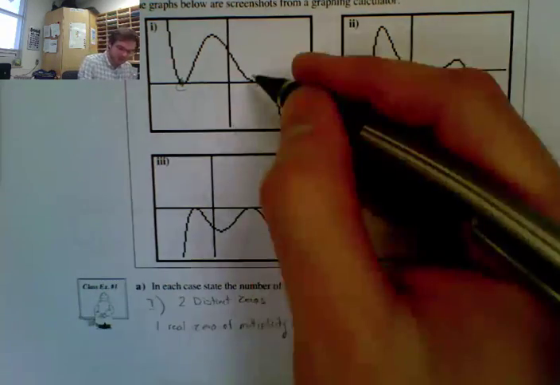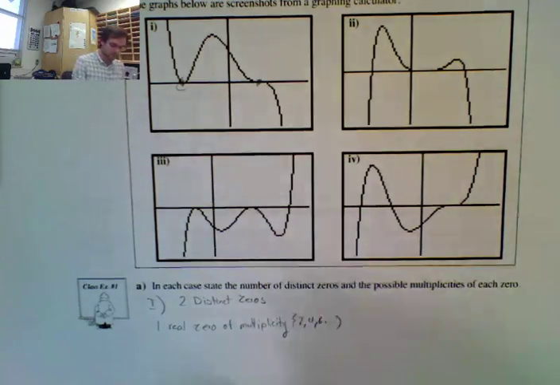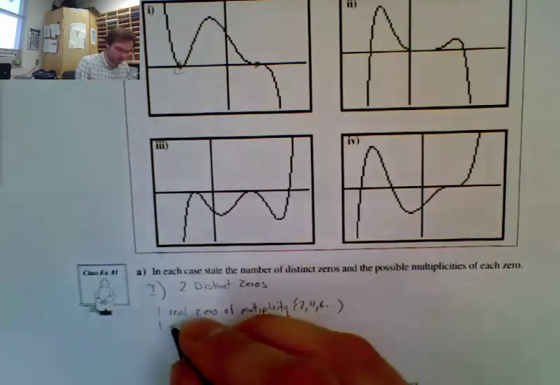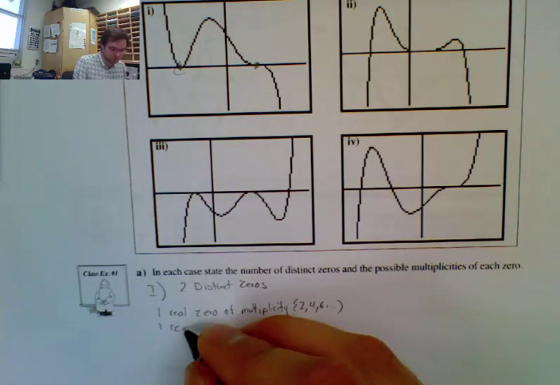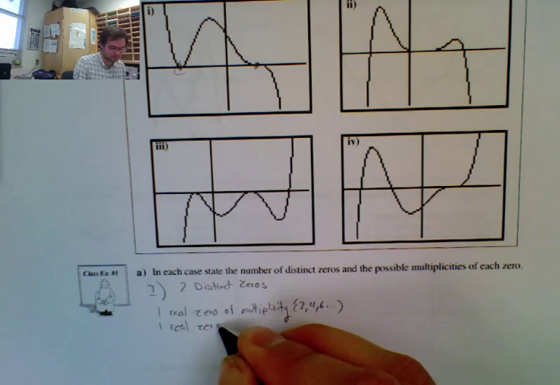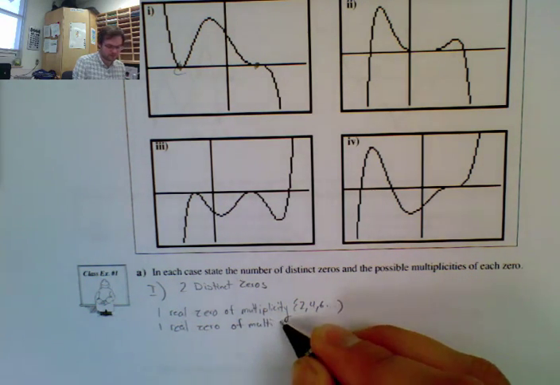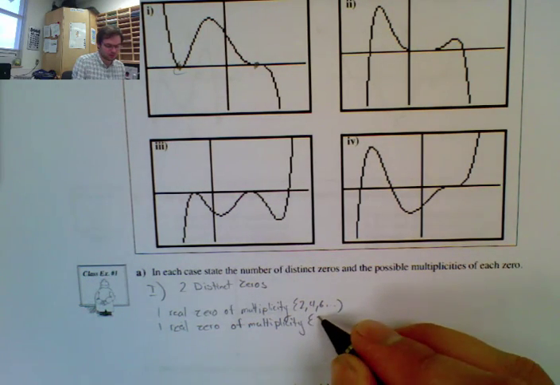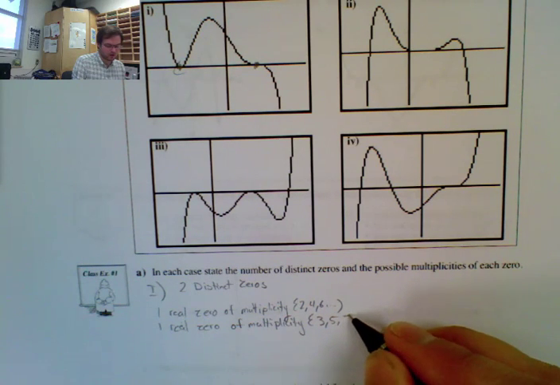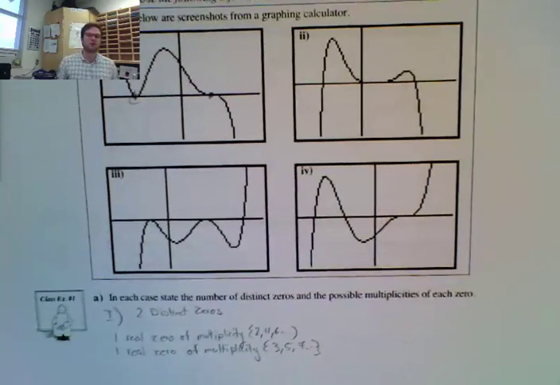Okay? And this one here is a sneaker. So we have 1 real root, and since it's a point of inflection, it's going to be odd multiplicity. So 1 real zero of multiplicity, it must be odd. So that could be 3, 5, or 7. Okay?